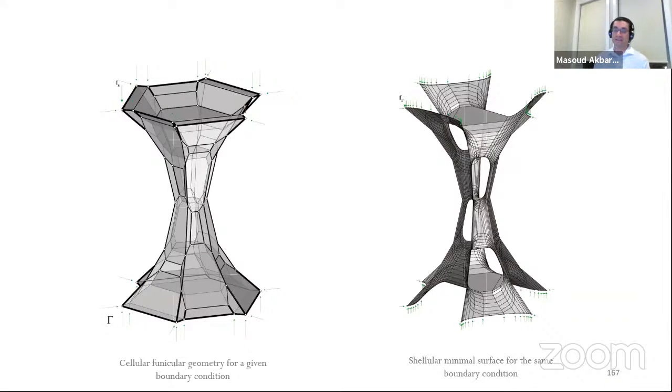But using this technique, you can translate this force flow into a cellular system that is a 2-manifold system and relies not on buckling, but on shell behavior or double curvature behavior. And you're significantly improving the structural performance while providing many design options for architects.